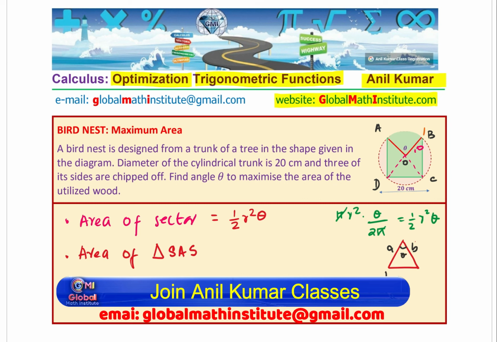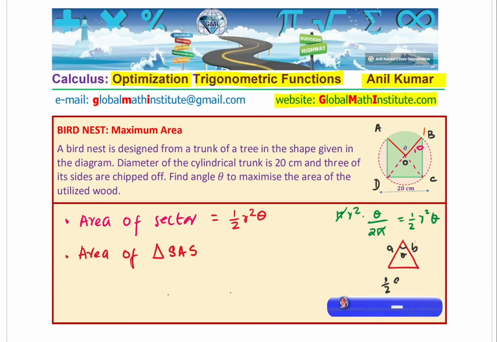Then it is half of A times B times sine of theta, right? That is the area of the triangle, right? So now, if you look into this, we can say that this area is half AB, A and B both are radius in this case, right?